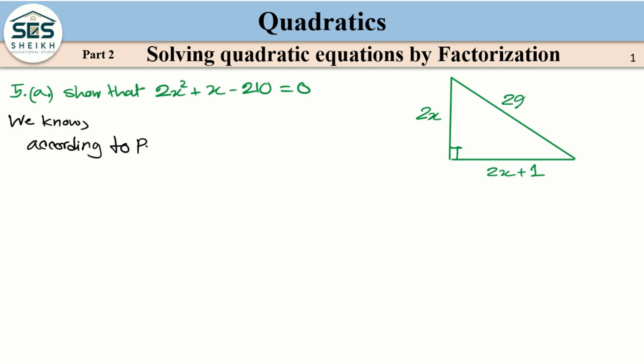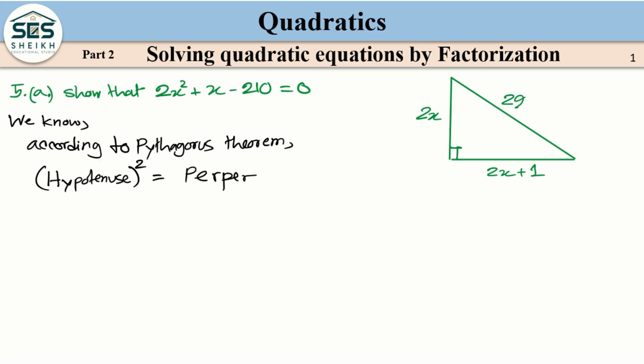According to this Pythagoras theorem, what we know is hypotenuse squared will be perpendicular squared and base squared.